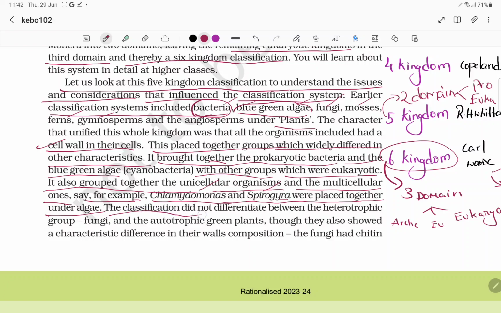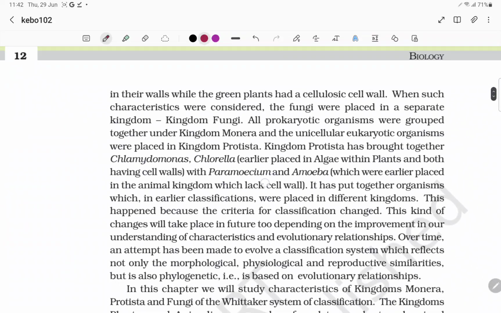But the classification did not differentiate between the heterotrophic group fungi and the autotrophic group plants, though they show a characteristic difference in their cell wall composition. Fungi have chitin, bacteria have peptidoglycan, and plants have cellulose. So they couldn't differentiate that.